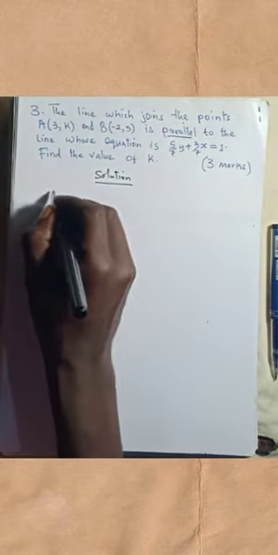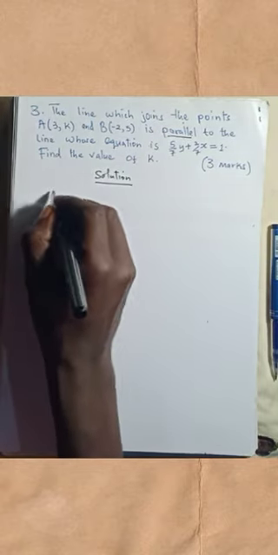So step number 1, we shall take the term with x to the right hand side of the equation. So you'll remain with 5 over 7 y is equal to, if it crosses to the other side, negative 2 over 7x, and then of course plus 1.